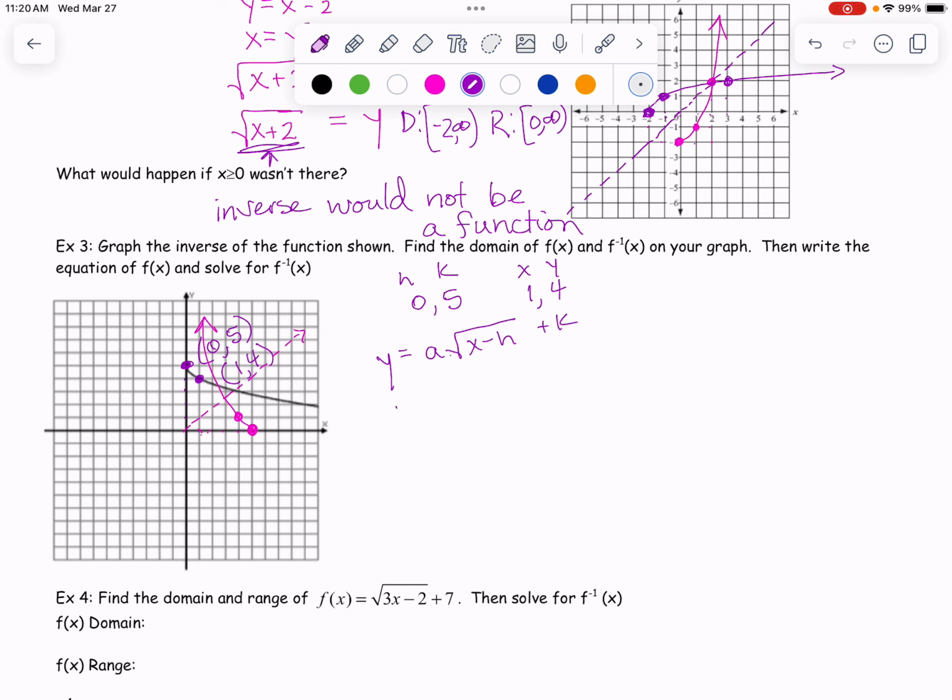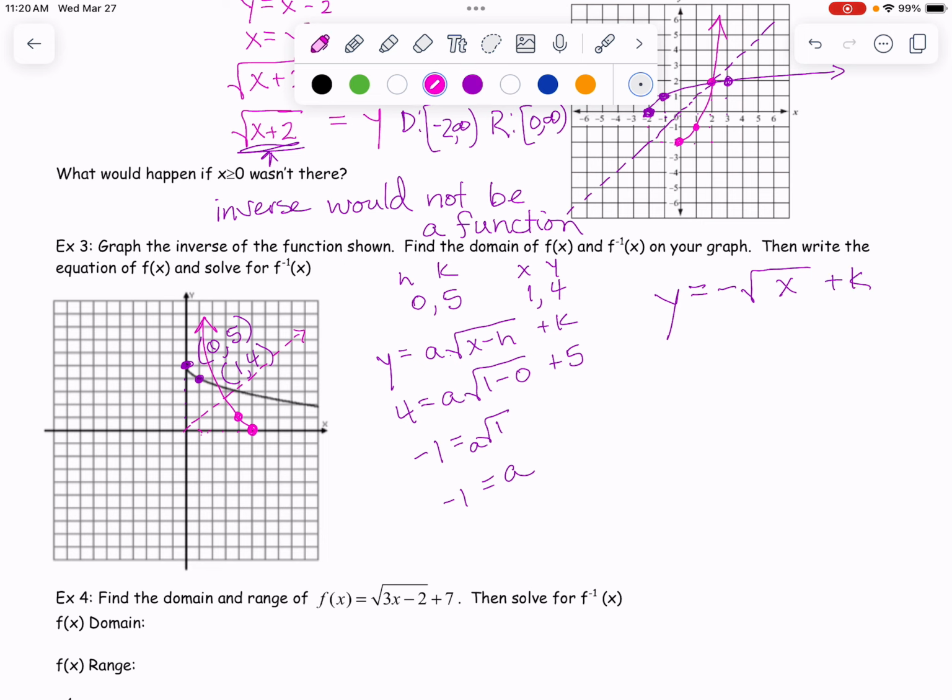Plug in 4 equals a times the square root of 1 minus 0, plus 5. So this would be negative 1 times the square root of 1, so a is equal to -1. My equation for my purple one is y equals negative square root of x plus 5. That's the purple one.